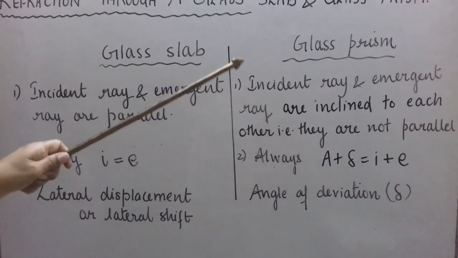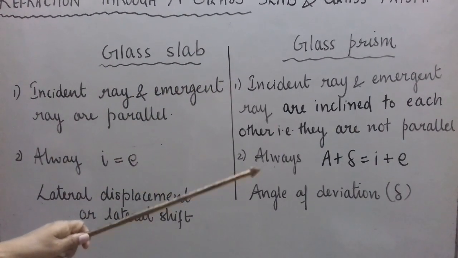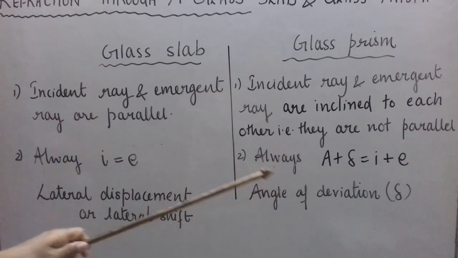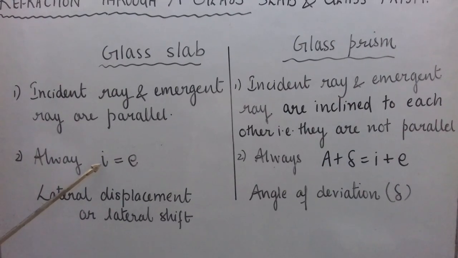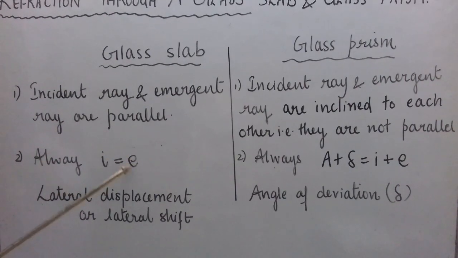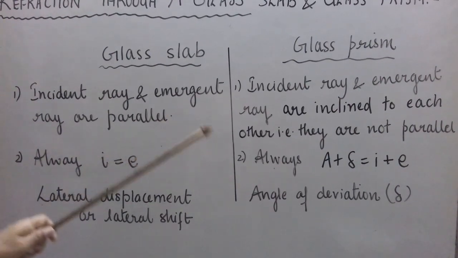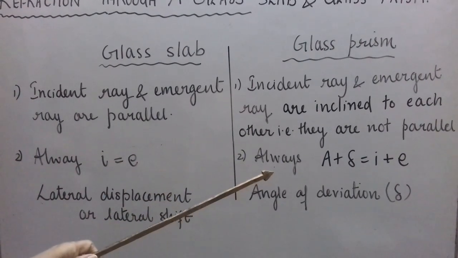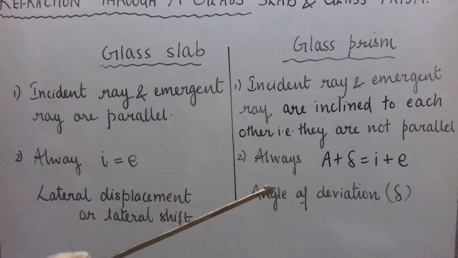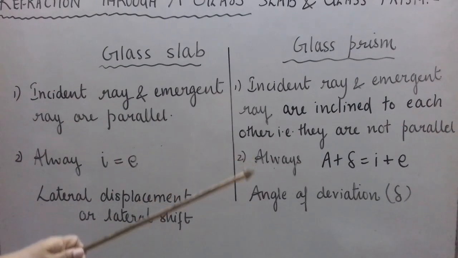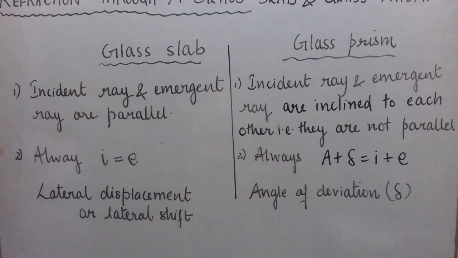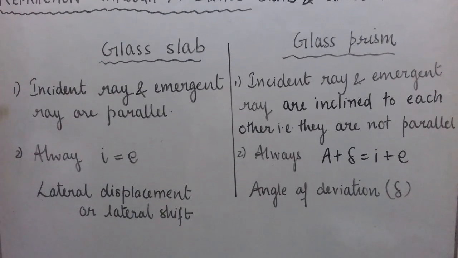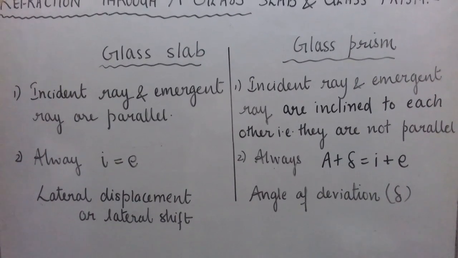And through the glass prism, A plus delta is always equal to I plus E. It means when you change I, the refraction will change, but through the slab E will always be equal to I. Similarly there, when you change I, maybe delta and E will change, but A plus delta will always be equal to I plus E. These two are the major differences that you should remember.